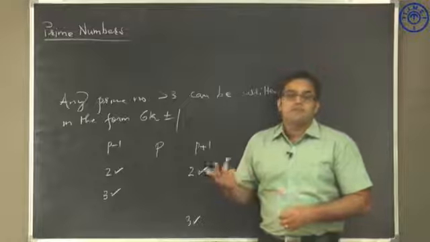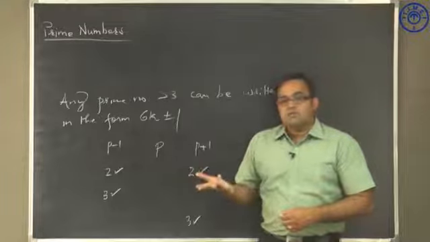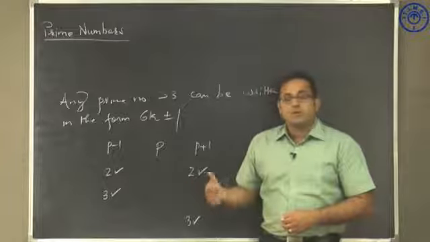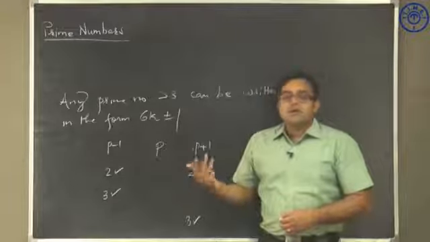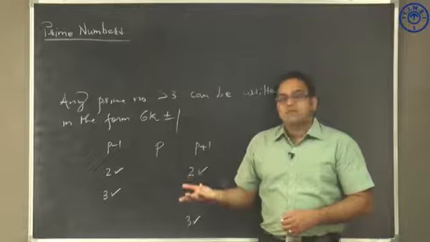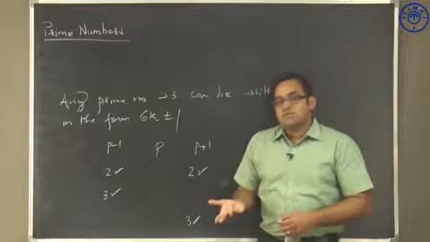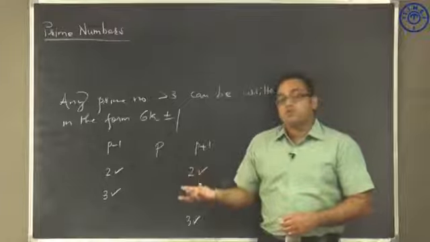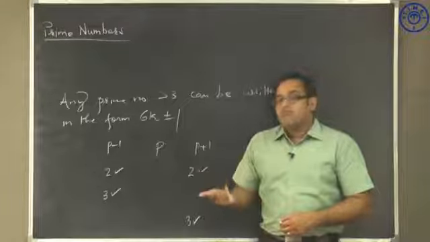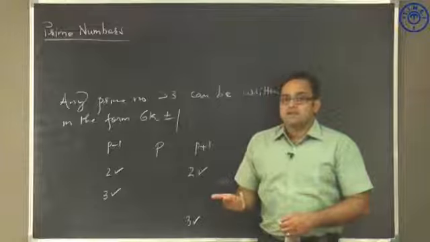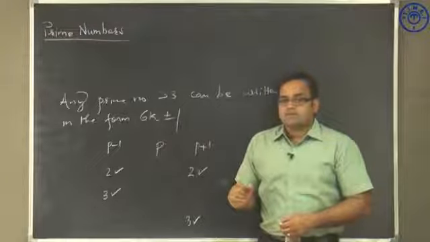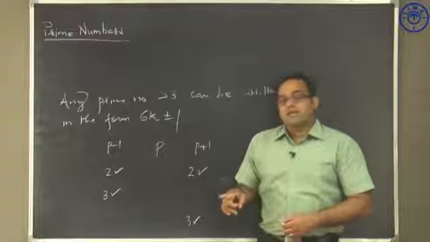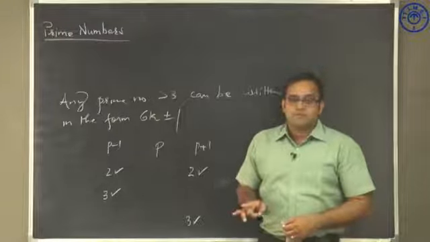For example, 5 is 6 minus 1, 7 is 6 plus 1, 11 is 6 into 2 minus 1, 13 is 6 into 2 plus 1, 17 is 6 into 3 minus 1, 19 is 6 into 3 plus 1, 23 is 6 into 4 minus 1. 25, interestingly, is not a prime number, even though it is a number in the form 6k plus 1.